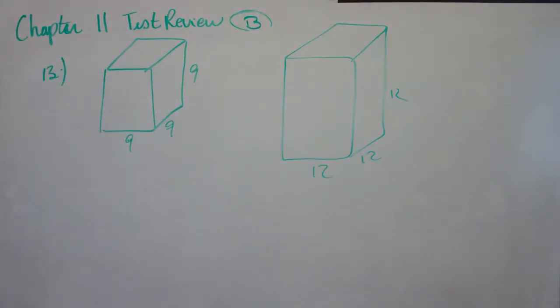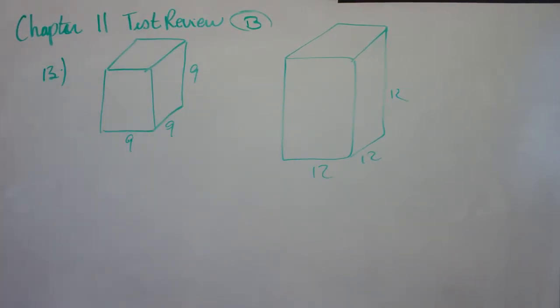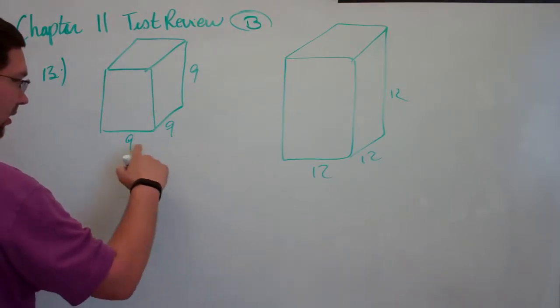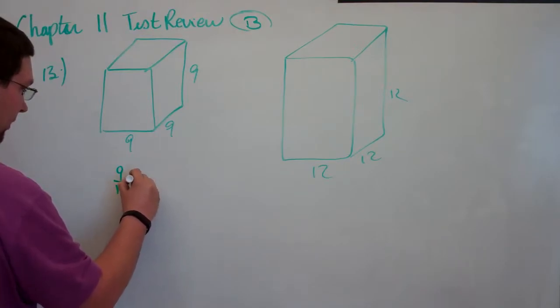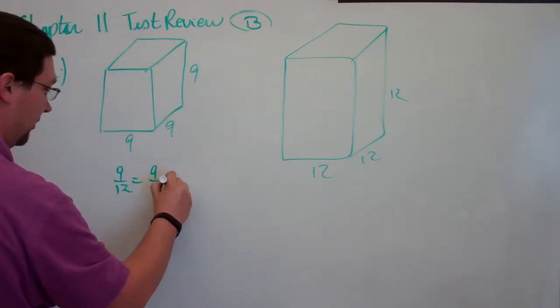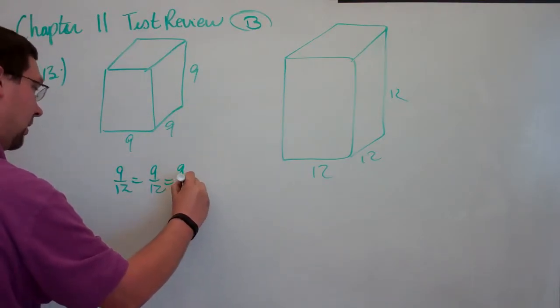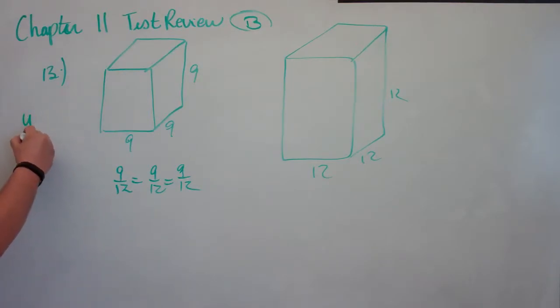He wants to know, are they similar? Well, 9, 9, 9, 12, 12, 12. If you compare the lengths, you're going to get 9 over 12. If you compare the widths, you're again going to get 9 over 12. If you compare the heights, you're again going to get 9 over 12. Since all of these fractions are identical, yes, they are similar.